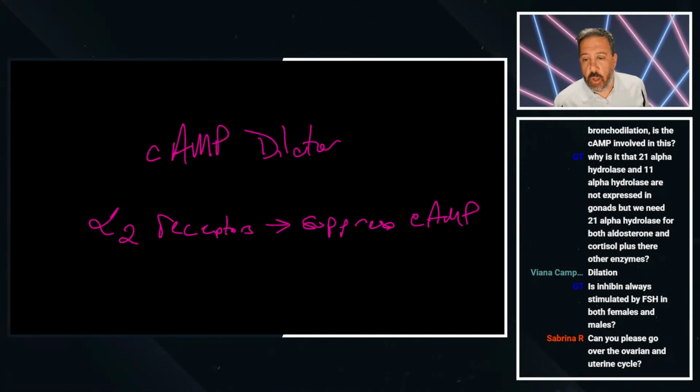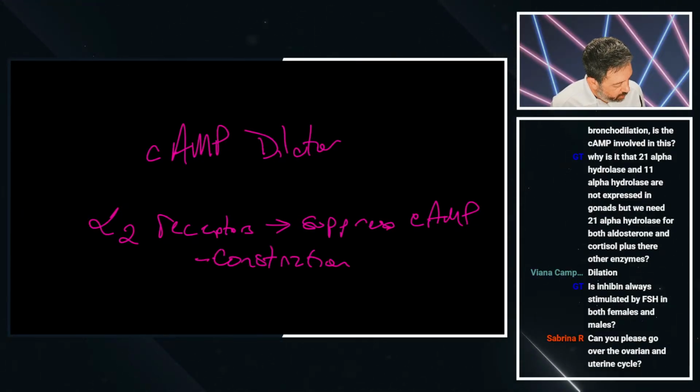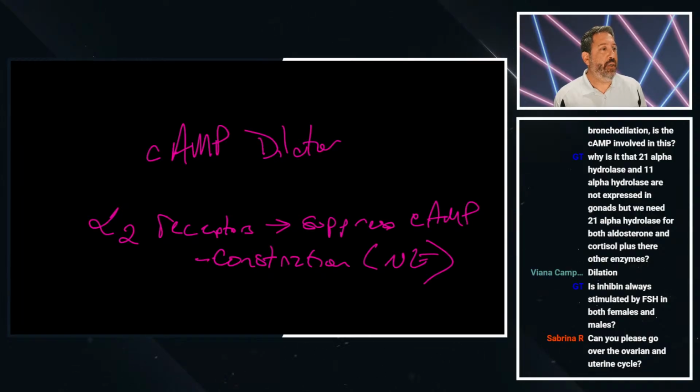So if we have stimulation of these alpha 2 receptors, it's going to suppress cyclic AMP, causing constriction. Isn't that what norepinephrine does? Causes constriction. And how it does it? By suppressing cyclic AMP. There's no dilatory component anymore, so we're going to have constriction.